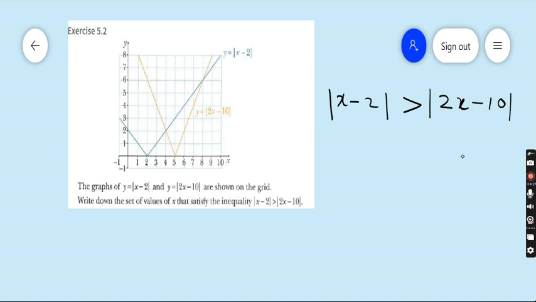See carefully. There are 2 points of intersection of these graphs. One is at x equals 4 and one is at x equals 8. These are called critical values.